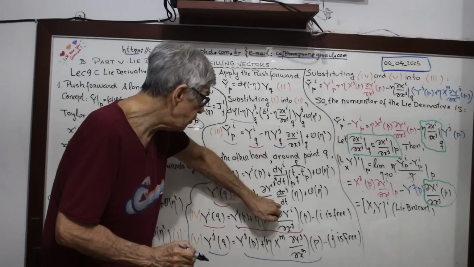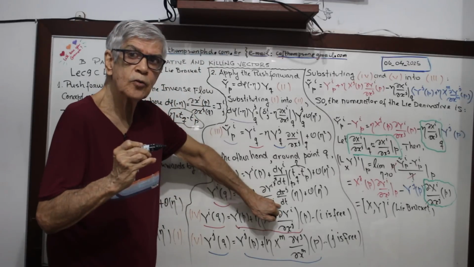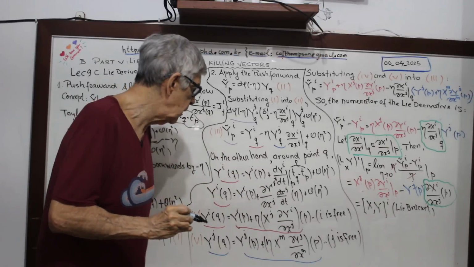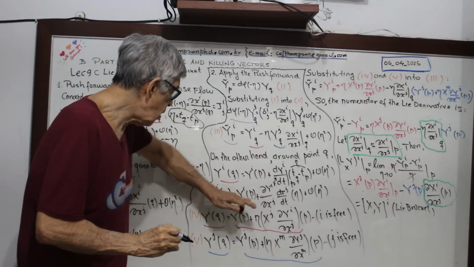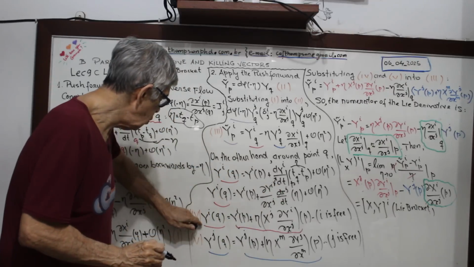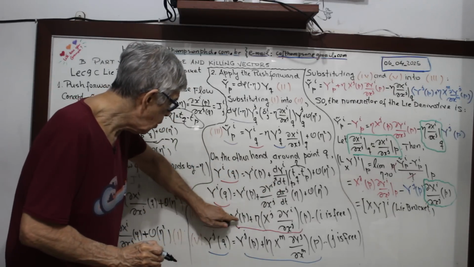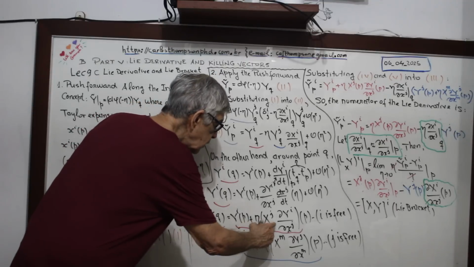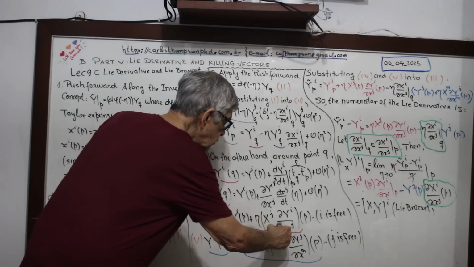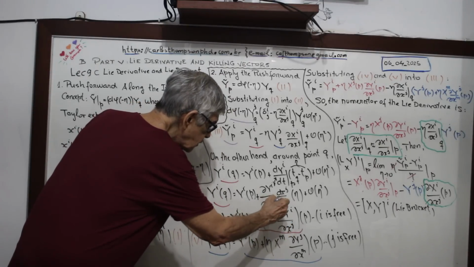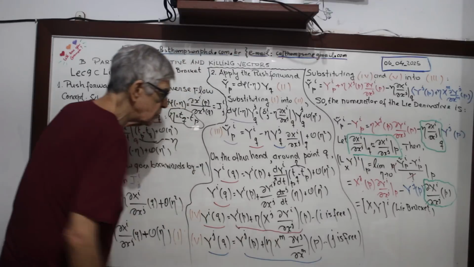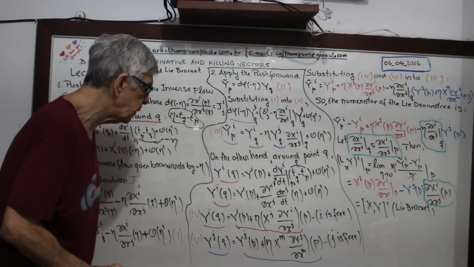But dxj of dt is the tangent vector capital X at j. I copy from here to here. So y at q, y at p plus eta. You see this partial y with respect to xj. I just use the chain rule from here to here. It's quite easy, no problem.